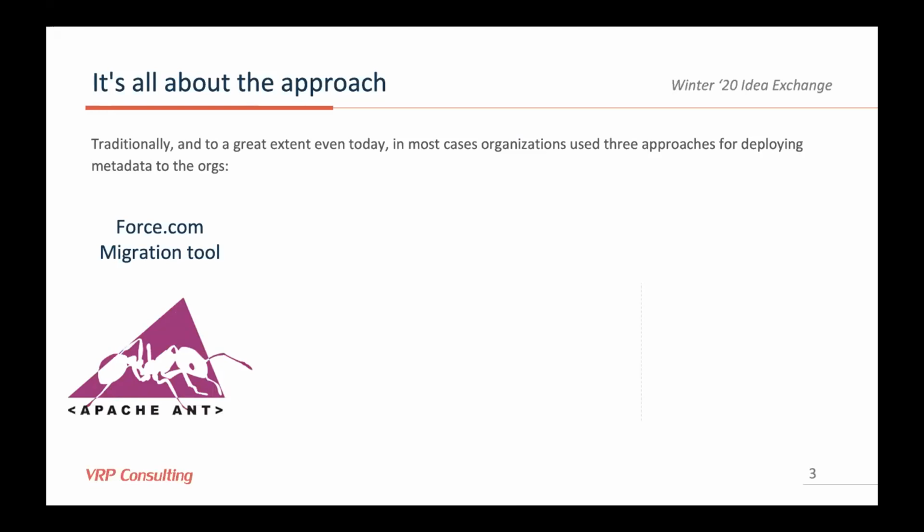This is an Ant-based deployment mechanism where one builds the application, creates the package, and uses the Ant utility to deploy the code to any version control system or any Salesforce organization. This model has its problems in terms of code merging and dependency tracking.